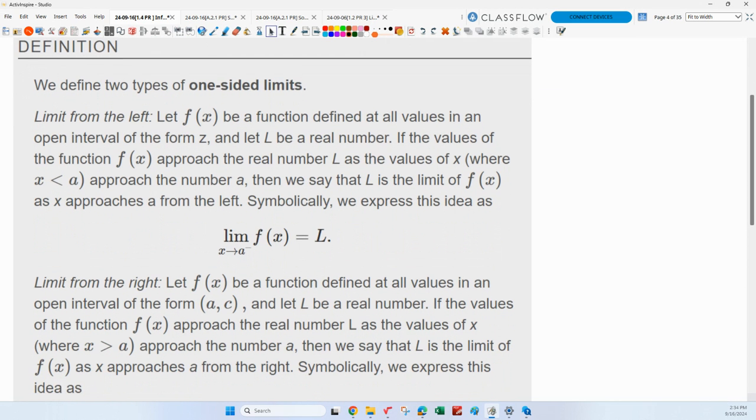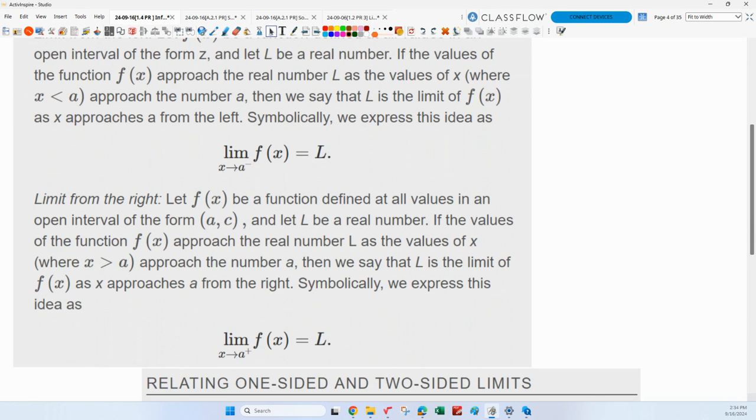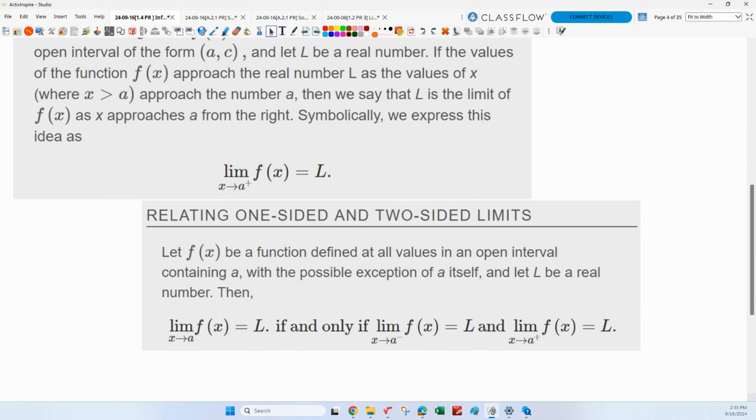So let's remind ourselves, we defined two types of one-sided limits. We were talking about what it means if we say the limit of a function as x approaches a with a minus superscript. From the left, from the direction of negative infinity. So it's a limit from the left. And if I have the plus, that's a limit from the right. And for us to have a regular two-sided limit, that can only exist if the two one-sided limits exist and agree.